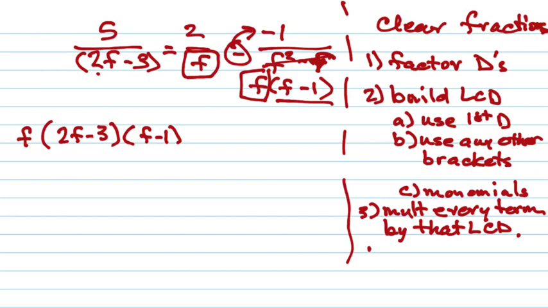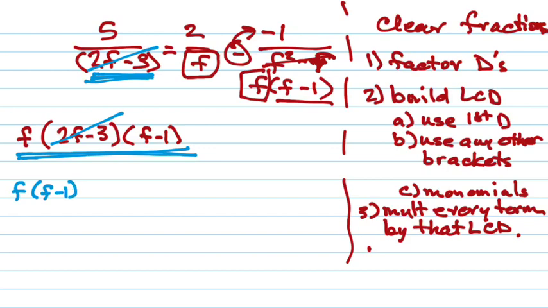So what's the same down here and up there? It's the 2f minus 3 part, right? So that's the part that's going to go away. Now I'm going to mark it off, but you can't really mark it off because you're going to do this for each piece of it. So whatever's left, we're going to multiply times the numerator.